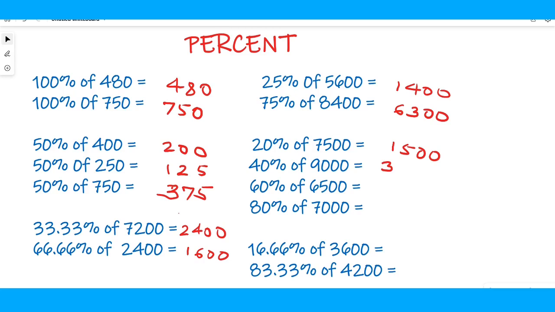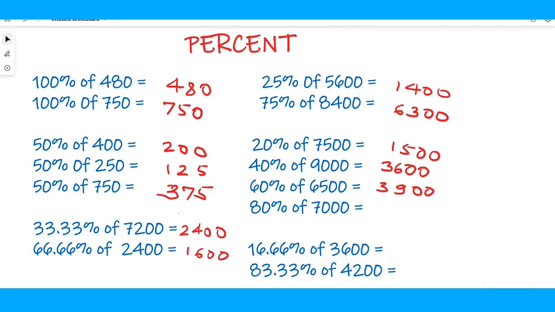So we write 40% of 9000 is 3600. 60% is 3/5. Thus 60% of 6500. So 3/5 of 6500. 1/5 is 1300. So 3/5 is 3900. So we write 60% of 6500 is 3900.